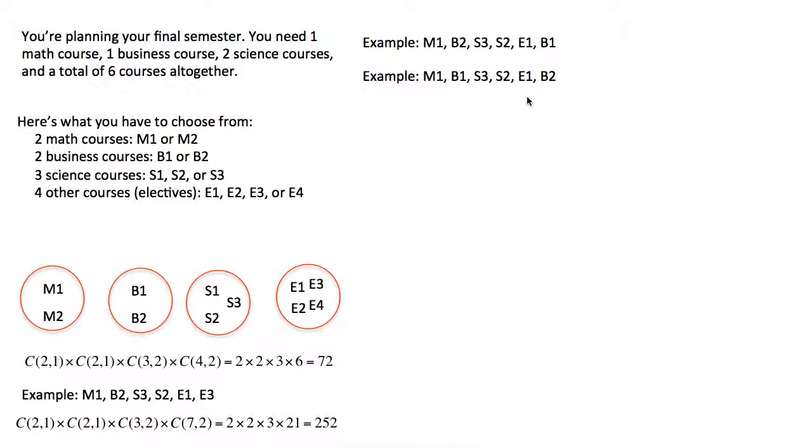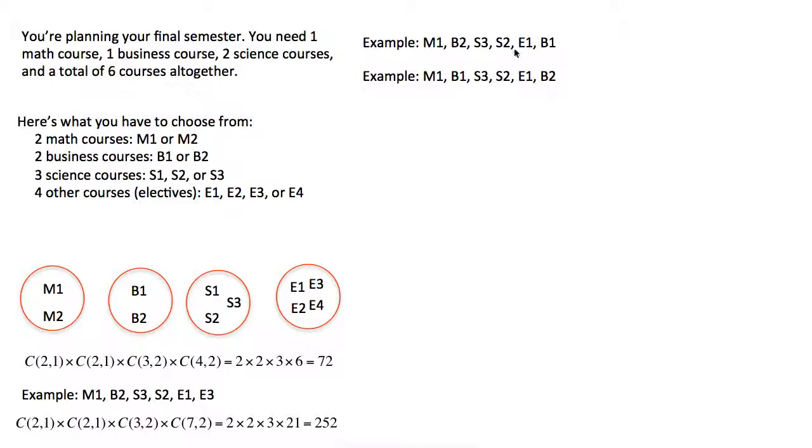But here's another example which illustrates the pitfall we've run into in trying this alternative solution. One of the other cases would be the case where we have chosen M1 to meet our math requirement, B1 to meet our business requirement, S3 and S2 to meet our science requirements, and then use E1 and B2 as our electives.